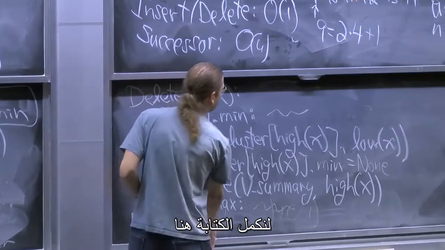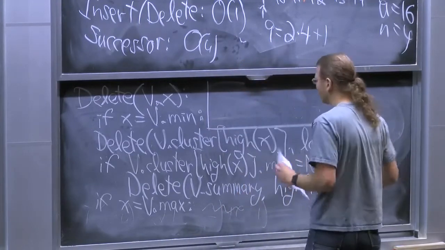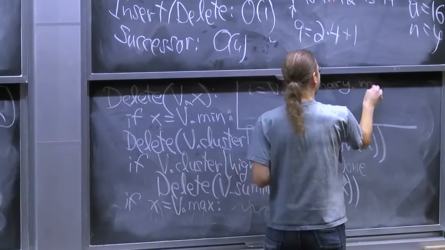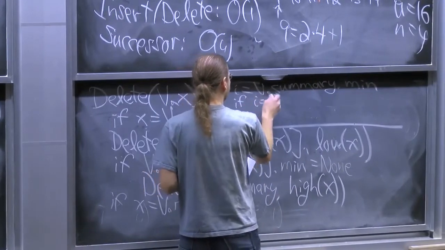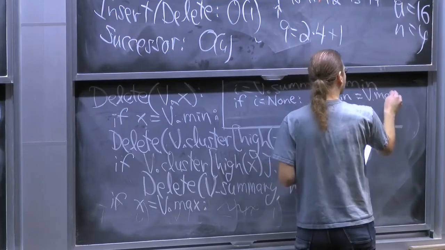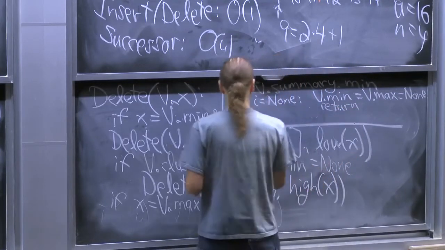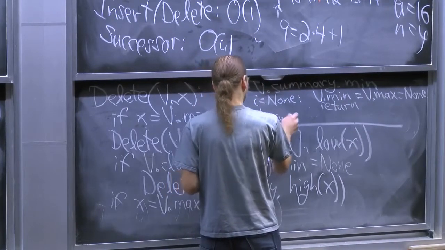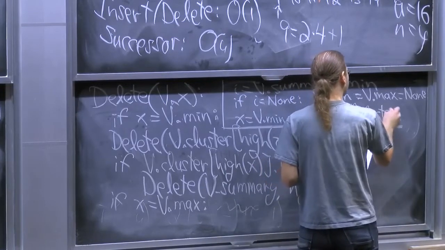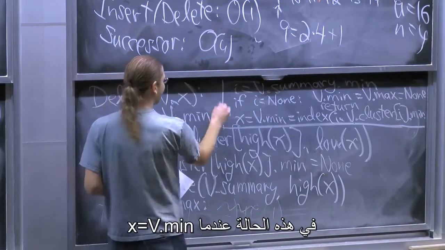So let's fill that in a little. This is code that turns out to work in this if x equals v.min.